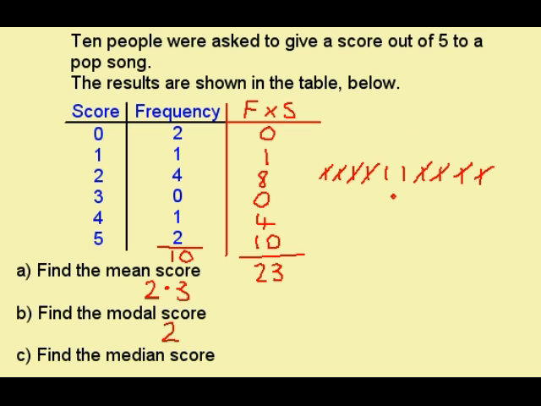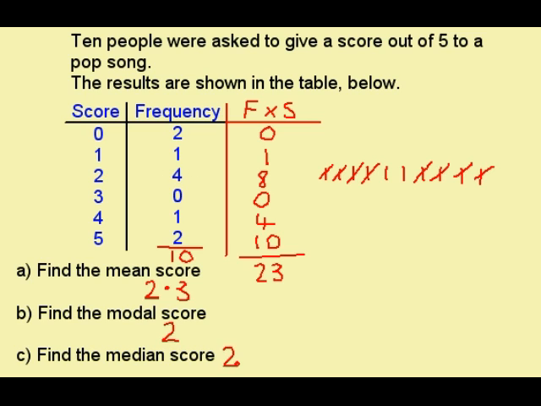So I'm looking for the 5th score and the 6th score. I have the first two here, then another one, so that's 3, then another 4, so that takes me up to the 7th score. So the 5th and 6th scores are both here, they're both 2, so the median is 2.